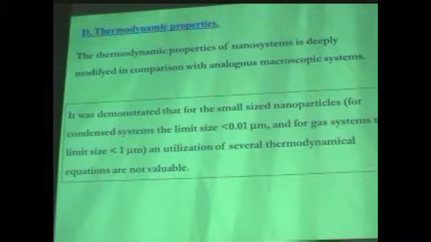It was previously published and demonstrated that for small-sized nanoparticles, for instance, for condensed solid systems, the limited size is smaller than 0.01 micrometer, and for gas systems, the limit size is smaller than 1 micrometer. And utilization of classical thermodynamical equations is not available.